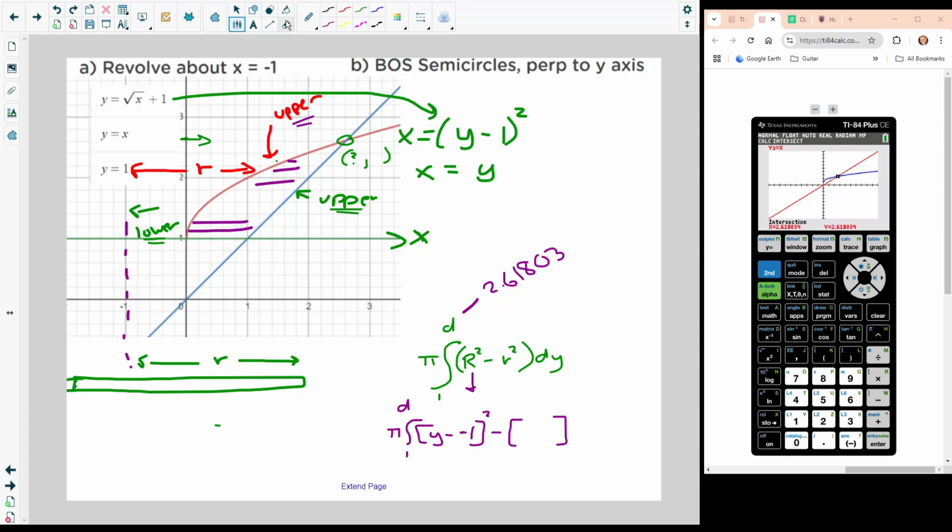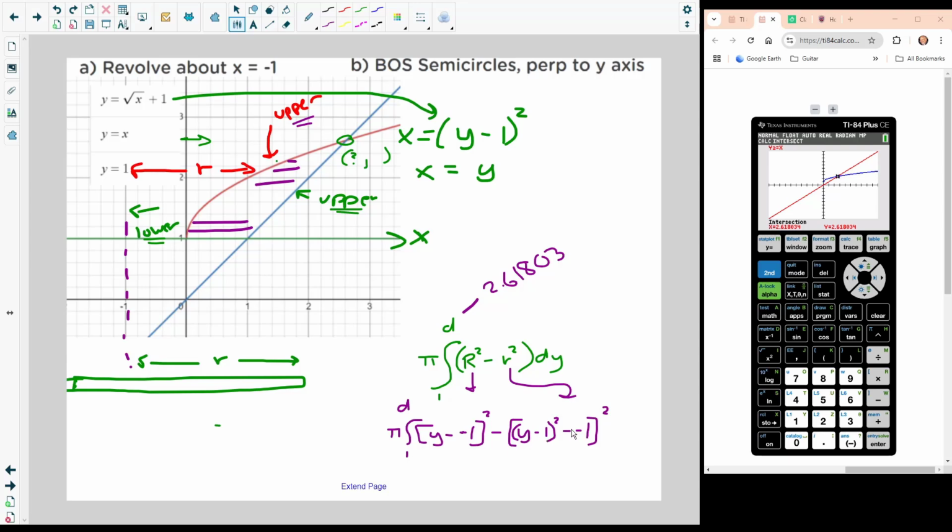I need a little more room here. Y minus 1 squared. Remember, don't forget this whole thing is squared, as you can see here. And then minus -1 also. All right, and that should work just fine.